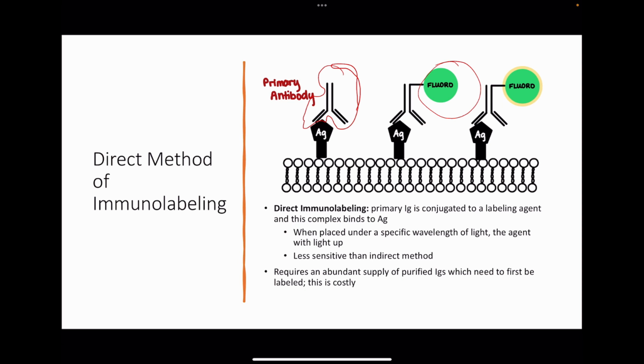And the idea is that once this entire complex binds to an antigen on a tissue, we can take some sort of light source and shine it on the antigen, and it is going to irradiate with light. So this labeling agent is going to be irradiated. That was what that highlighted piece around the fluorophore was, and it's going to show light maybe around this region over here.